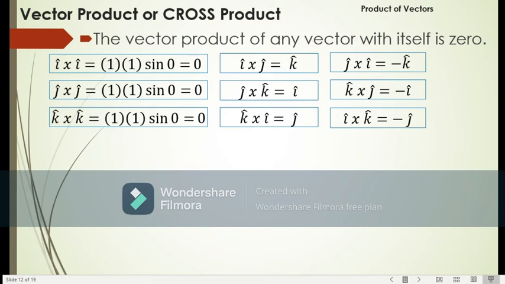If you change the position of the vectors being multiplied, it will give you a different answer. So K cross I is not the same as I cross K because they have different directions.